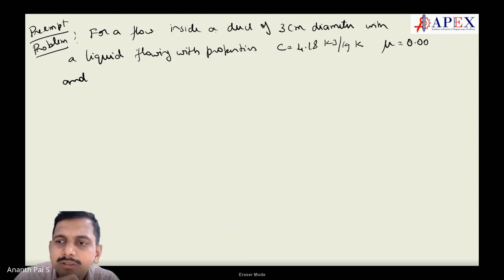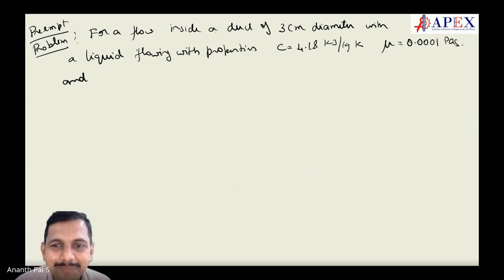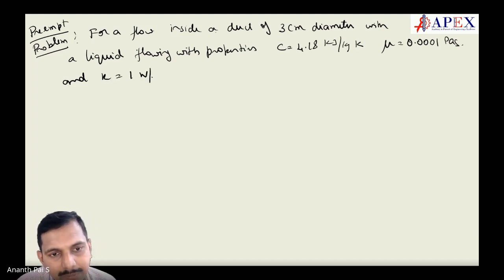I did not say water. Did I say it's water? No, I did not say. Okay, let it be. Mu is 0.01 Pa·s and K is equal to 1 watt per meter Kelvin.